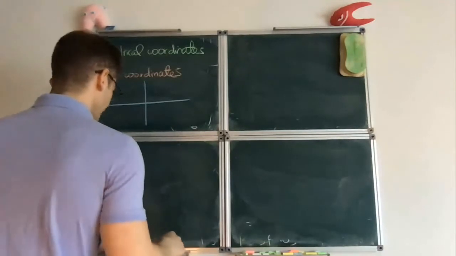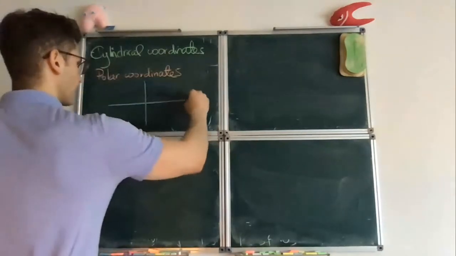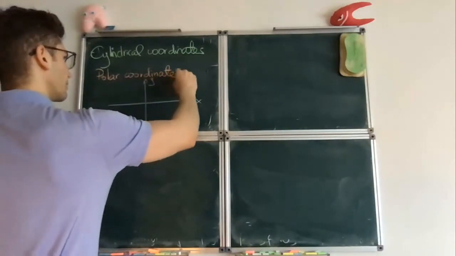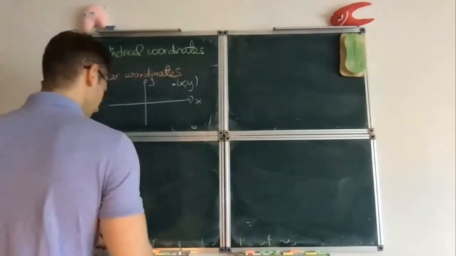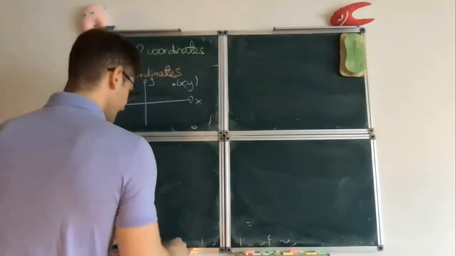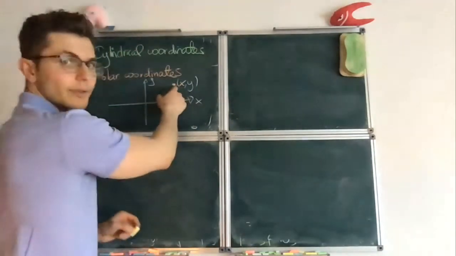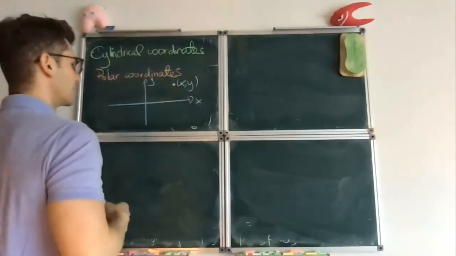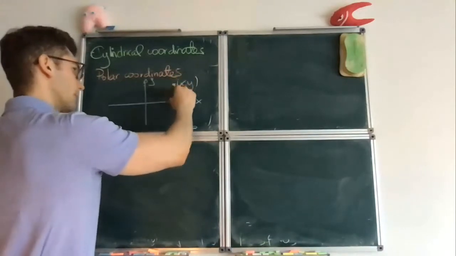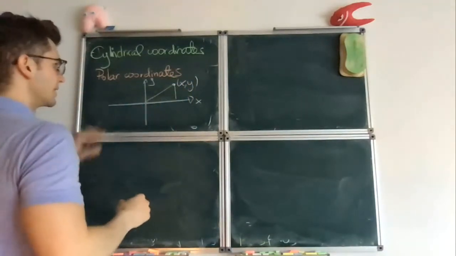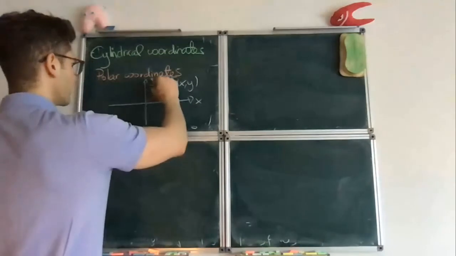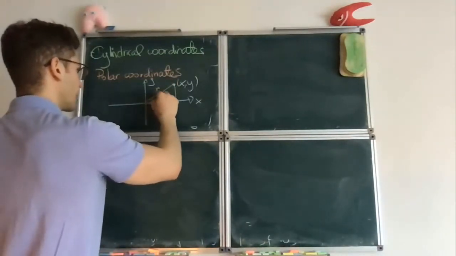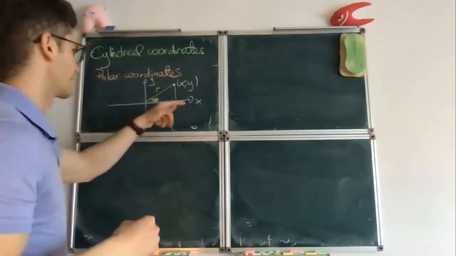And so the idea is that if you had some point x comma y, instead of keeping track of the Cartesian coordinates, the distances to the axes, with polar coordinates you keep track of the distance of this point to the origin, which is r, and you also keep track of the angle between this position vector and the x-axis.